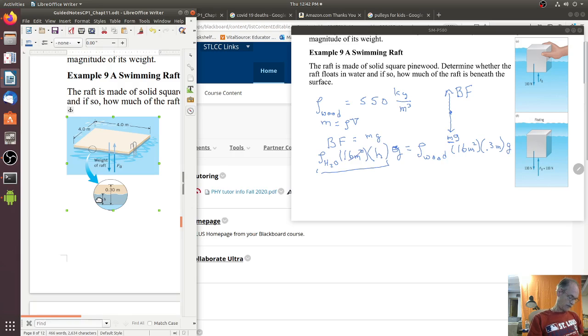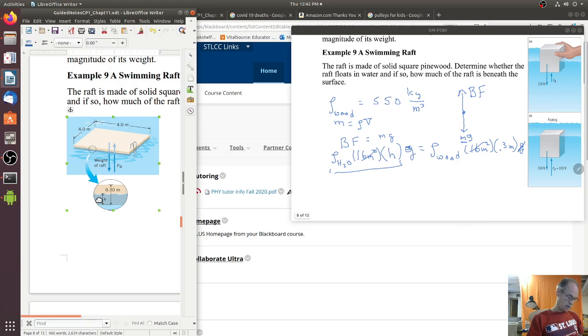Well, a bunch of stuff cancels here. 16 meters squared cancels. The g cancels. The density of water is 1,000 kilograms per cubic meter. h is what I'm looking for. The density of wood is 550 kilograms per cubic meter, according to that table. And this would be 0.3 meters.